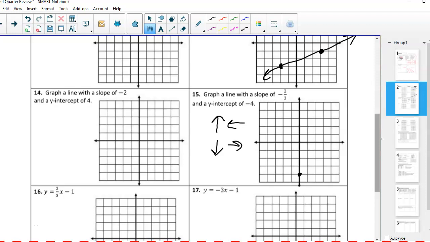So up 2, left 3. Can we go up 2 and left 3 again? No, we ran out of space. So just those 2 points. But if you could keep going, do as many points as possible.